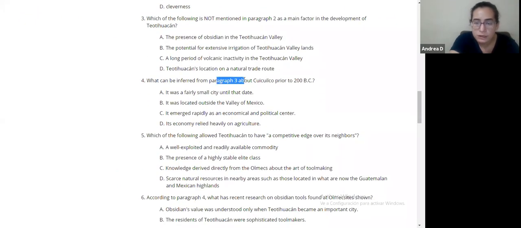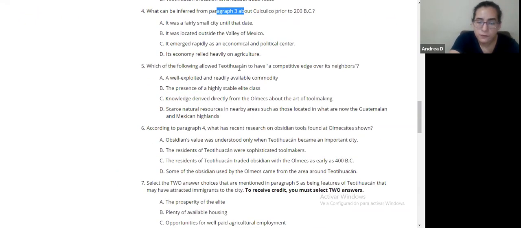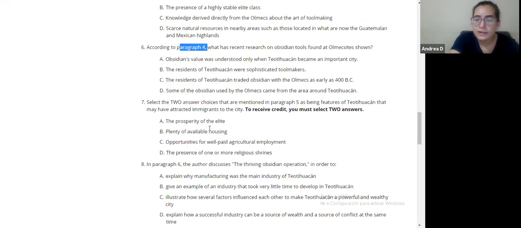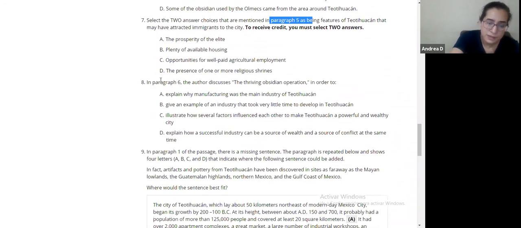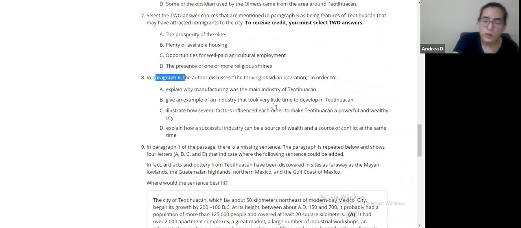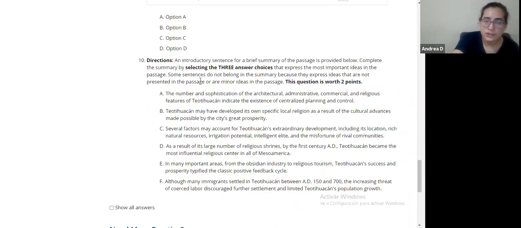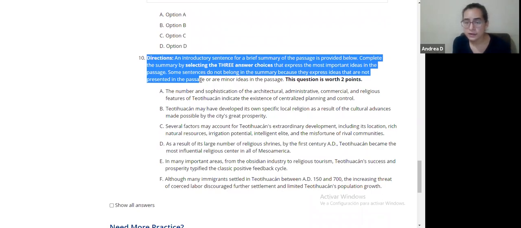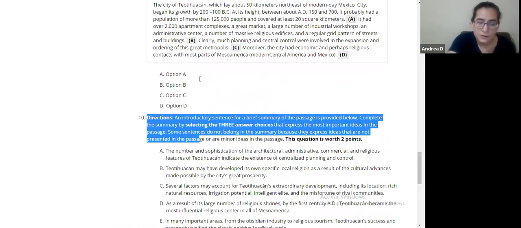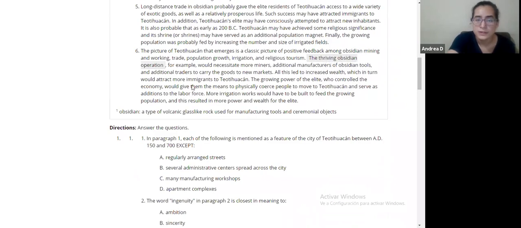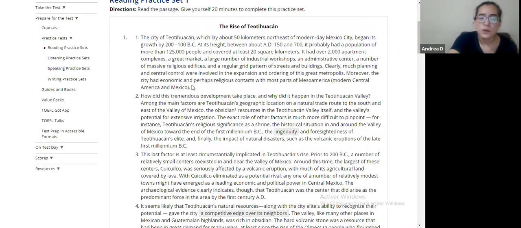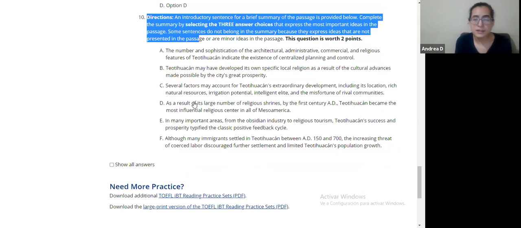Then you have paragraph 3, paragraph 4, finally paragraph 5, paragraph 6. So when you get to the last question, the 10th one, you must have read the entire thing because you have read the 6 paragraphs in order to answer all the other questions, right? The 6 paragraphs that you have. So if you do that, then you still can answer it because you already have an idea of what everything was about. To be honest, you don't even have to know every single detail. So don't worry if you've missed some details.